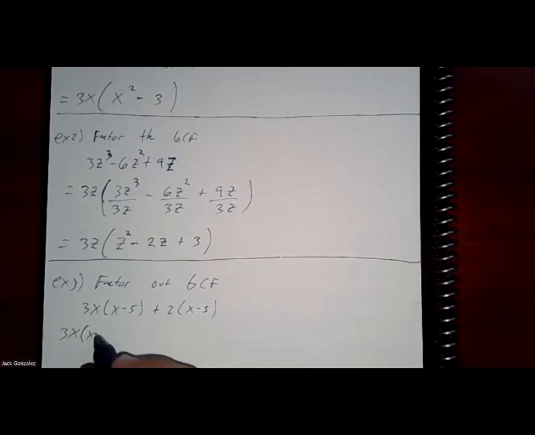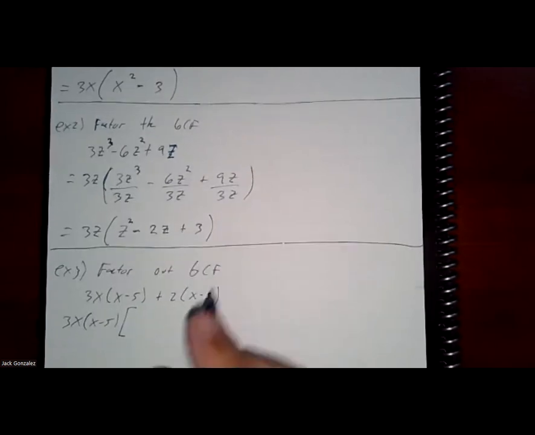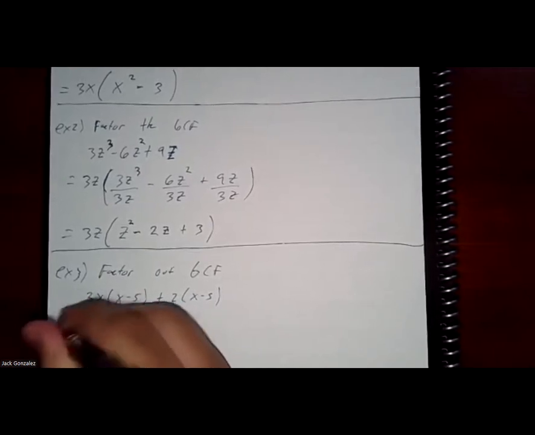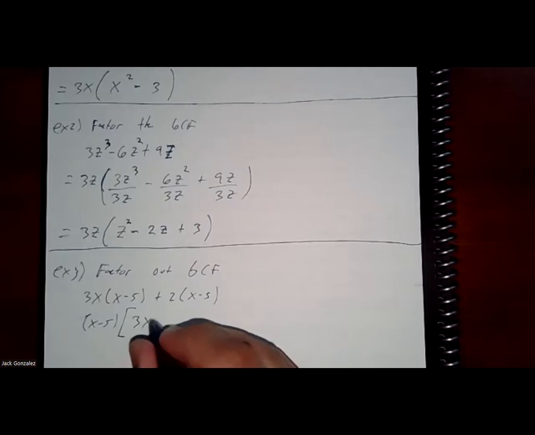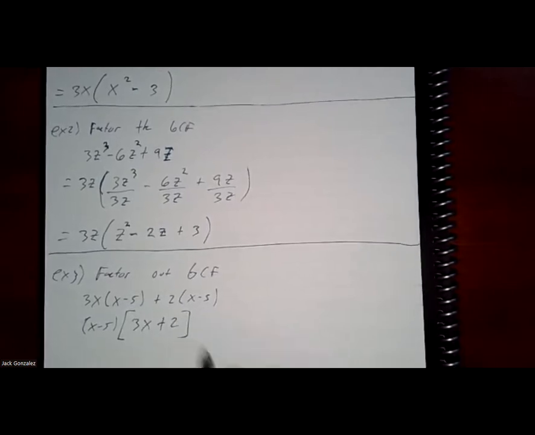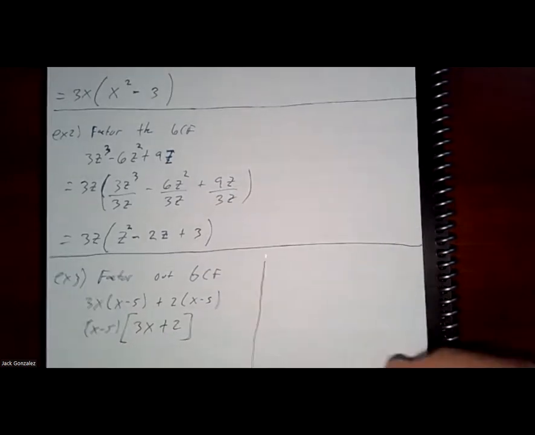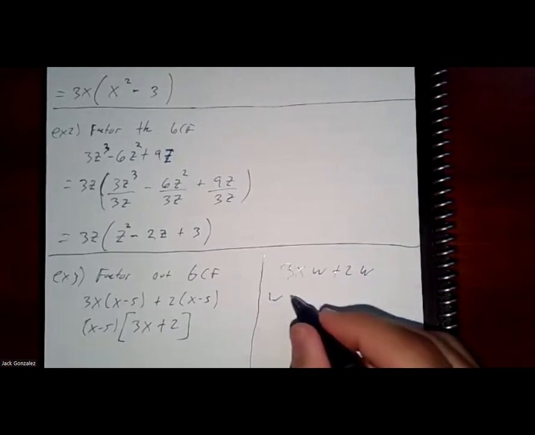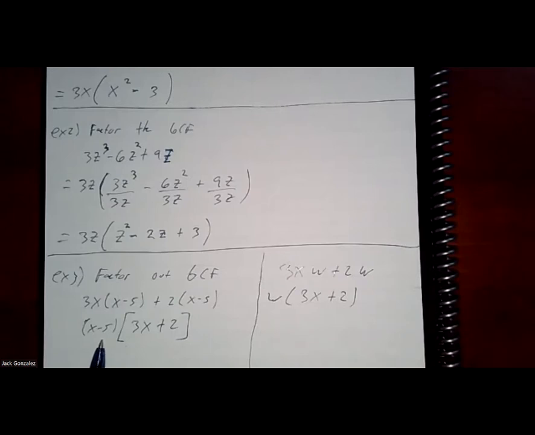So factor this out. That would give me, I'm putting a bracket just for emphasis. You don't have to. Oops, that's an accident. I'm only factoring x minus 5, not the 3x. So I'll be left with a 3x in here plus a 2. So these were factored out in front. Pretend if you had 3xw plus 2w, you would factor out w, right? That's essentially what we did here. It's the same thing. It's just some term.